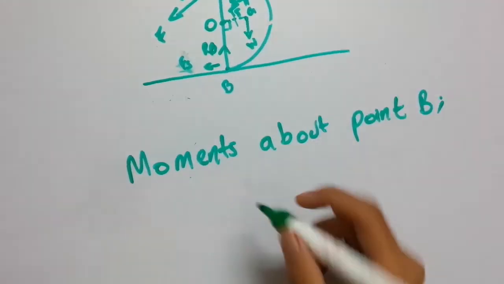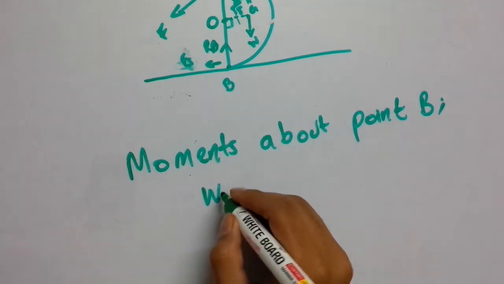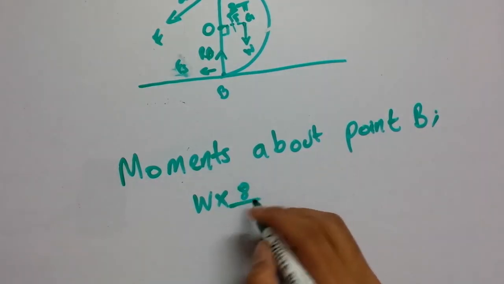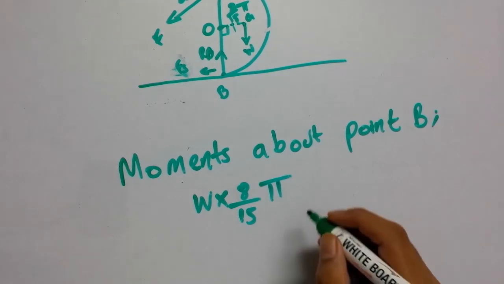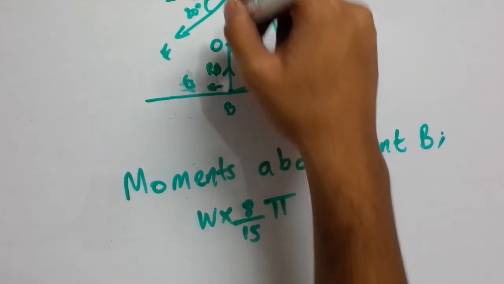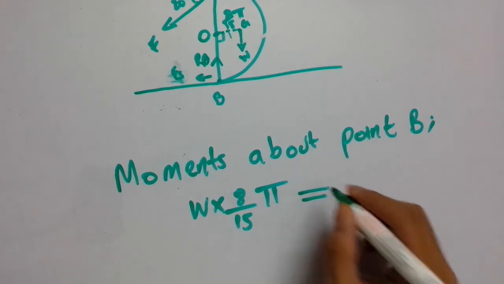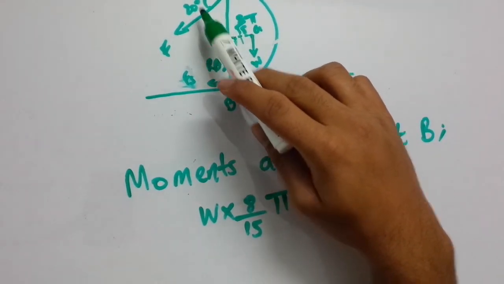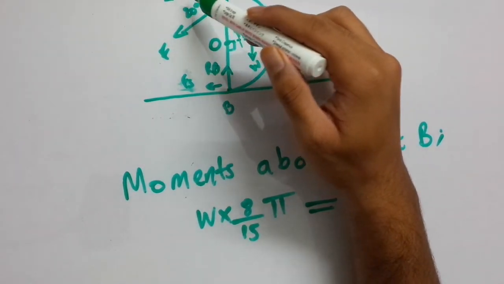This side it is W into the perpendicular distance, 8 upon 15 pi. This is equal to the force at A. The force at A acting along the horizontal is F cos 20.